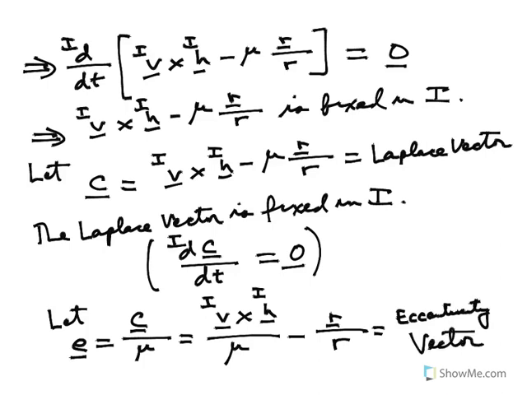And of course, because the Laplace vector is fixed in I and the eccentricity vector is the Laplace vector scaled by a constant, the eccentricity vector is also fixed in I. E is fixed in I. So we now have a vector that's fixed in I that's not the specific angular momentum.